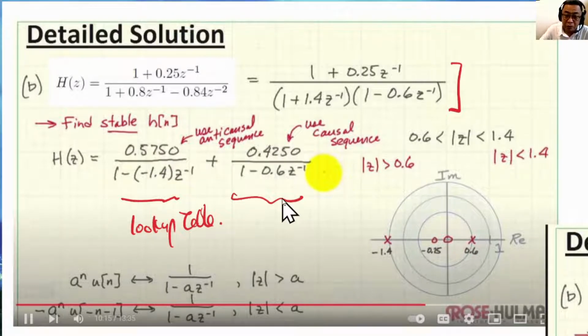What we need to do now is to identify from this form in the lookup table whether it is a causal sequence or an anti-causal sequence. In this particular case, for the pole at 0.6, the ROC needs to extend outwards. So this is a causal sequence.